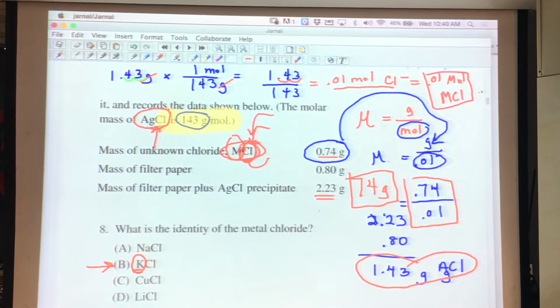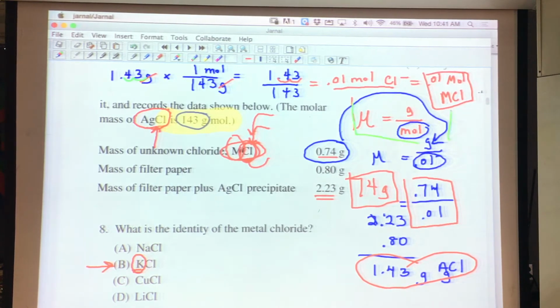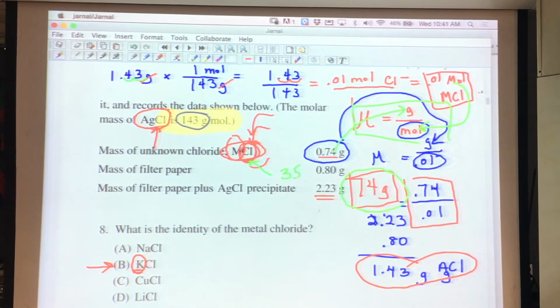So therefore, it's the moles of MCl. I know molecular mass is what? Equal to grams per mole. I had the mole, I had the grams. I get the molecular mass of 74, subtract out the 1 chlorine, and I get 39. I know chlorine is about 35.4, so subtract 35 from that, and you get about 39. And who has the atomic mass of 39? Potassium, and that's why I knew it was KCl.